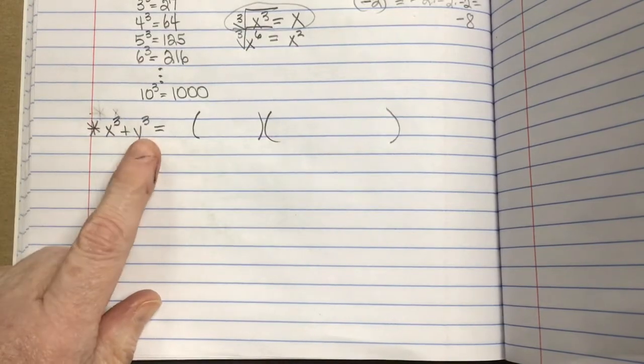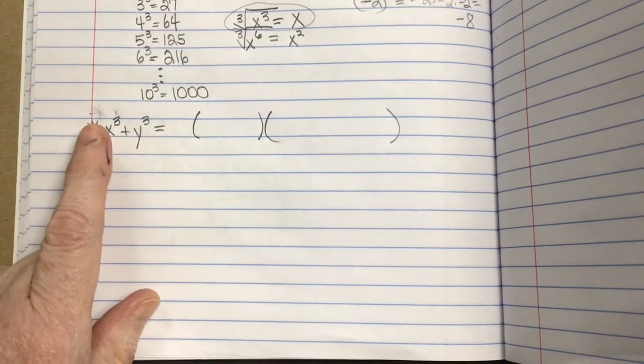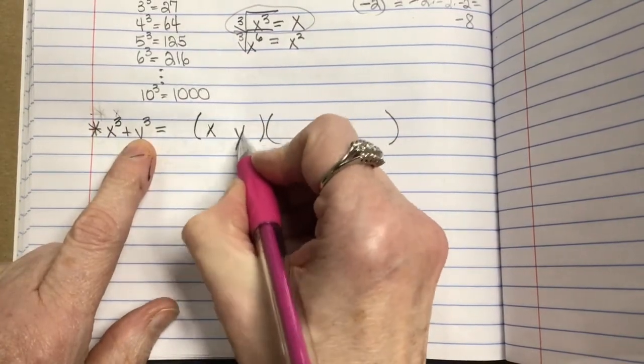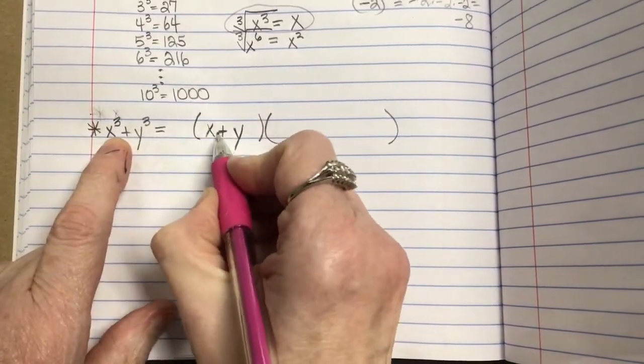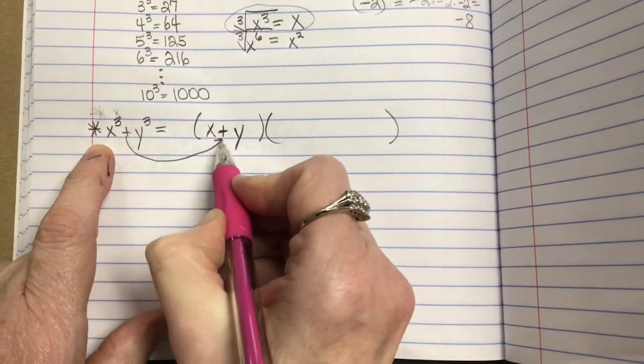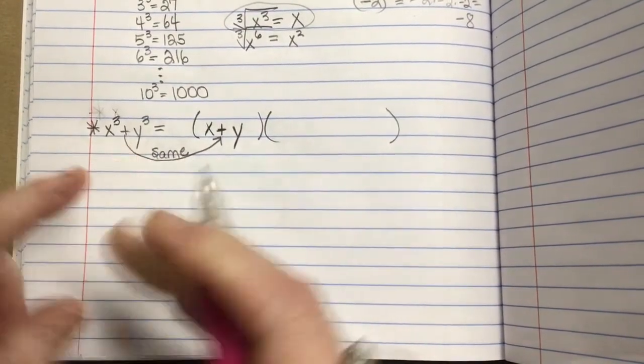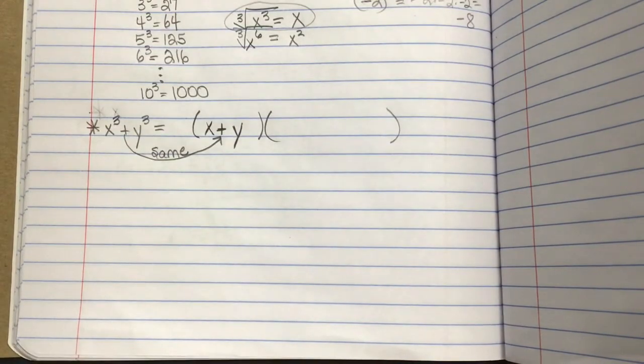So a sum of 2 cubes is going to be the cube root of that one, which is x, the cube root of this one, and then we'll go ahead and start talking about the signs, and whatever that sign is going to be the same. So the rules for sum of 2 cubes and difference of 2 cubes are actually very similar. They're the same terms, the signs are just going to be different.